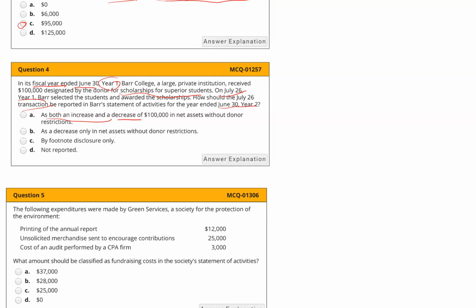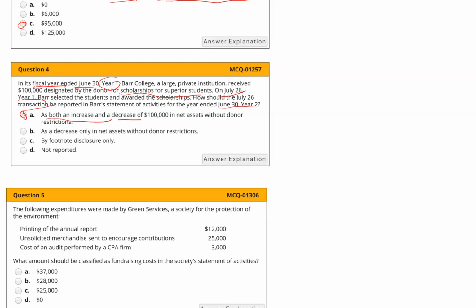Later, they will spend it. They will pay scholarships and awards, which is, of course, treated as an expense. So when they pay those scholarships and awards, that will reduce their net assets without donor restrictions. So answer option A is correct.